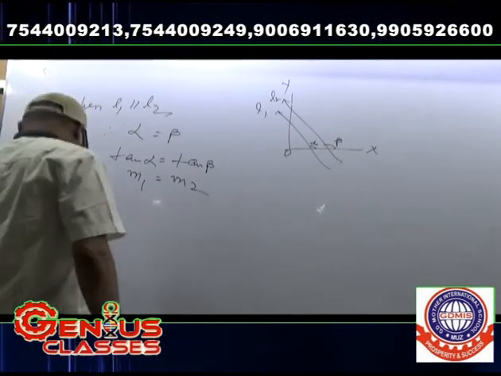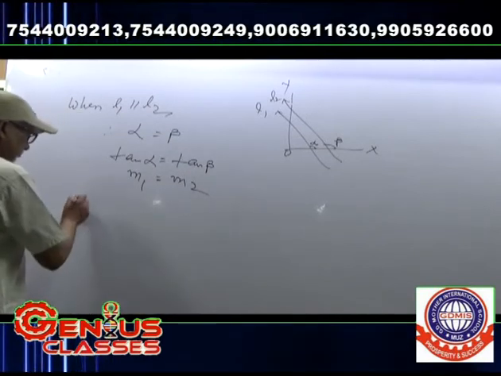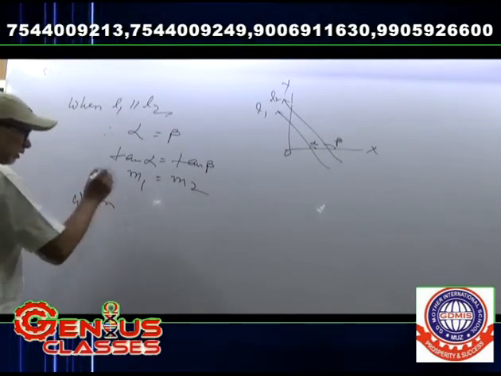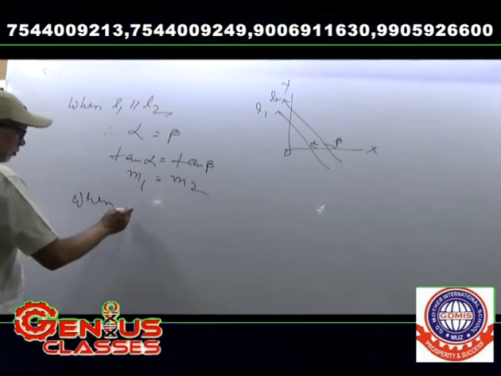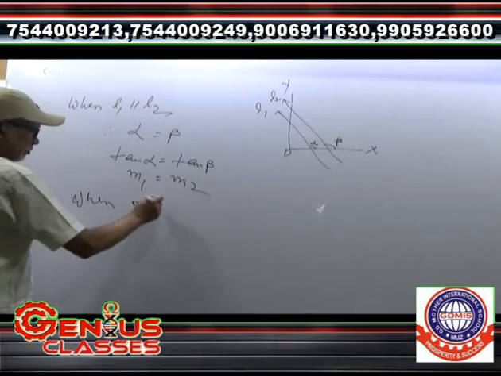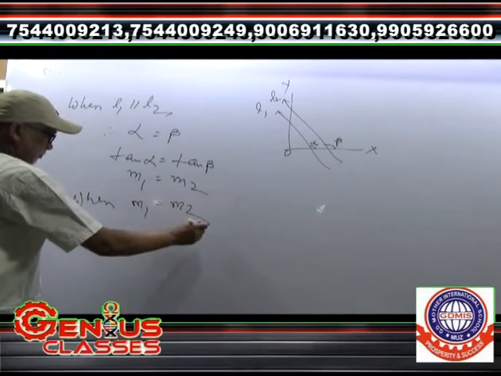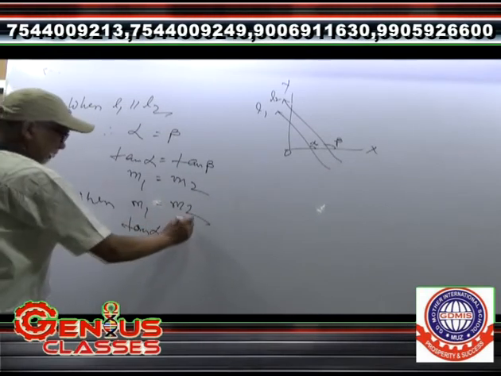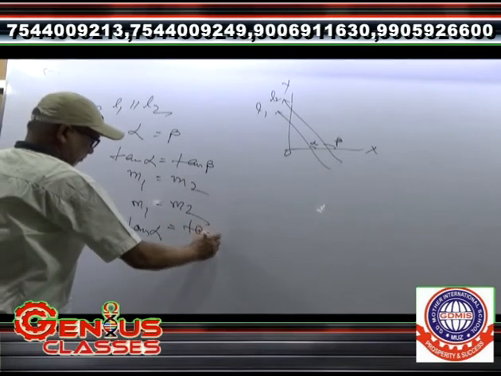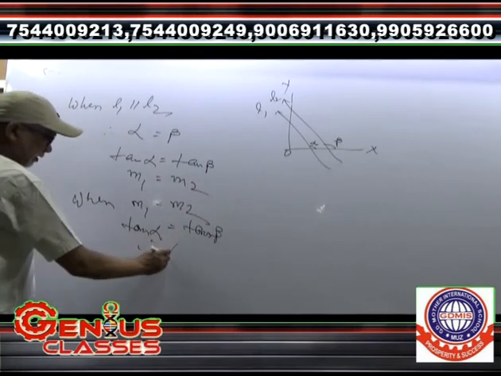And when slopes are equal, when M1 is equal to M2, therefore tan alpha is equal to tan beta. Therefore, alpha is equal to beta.